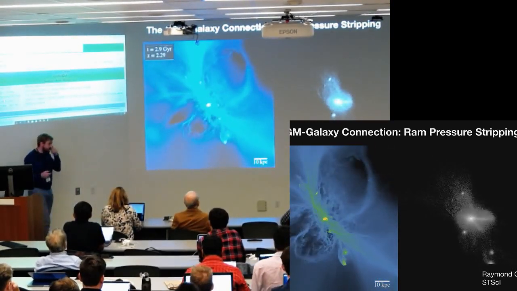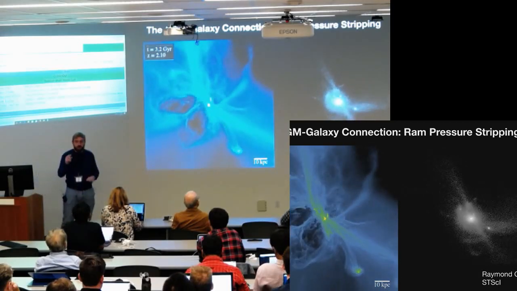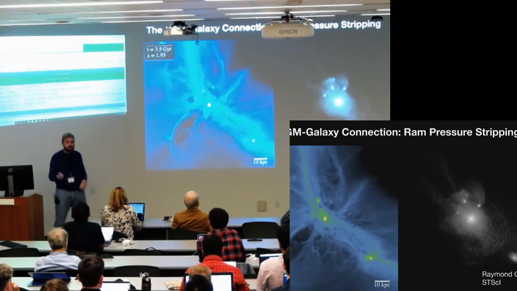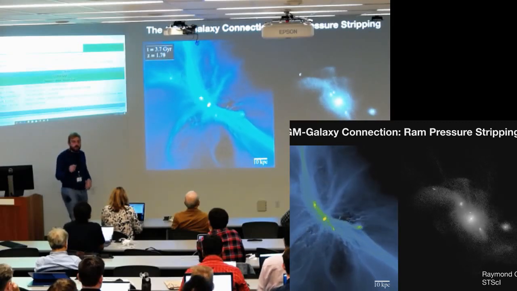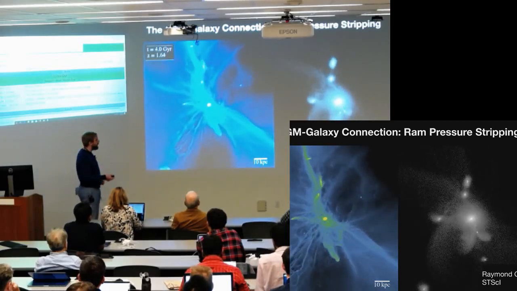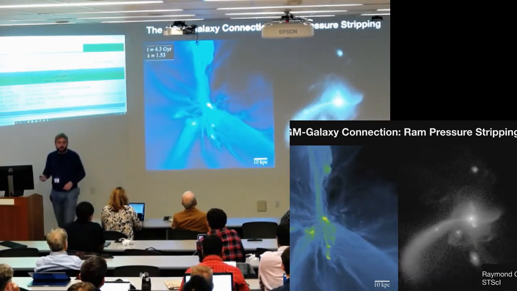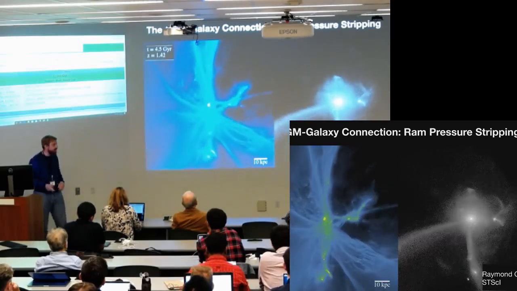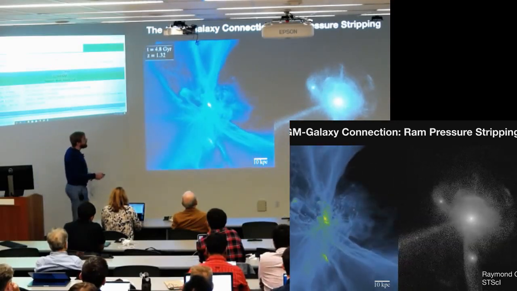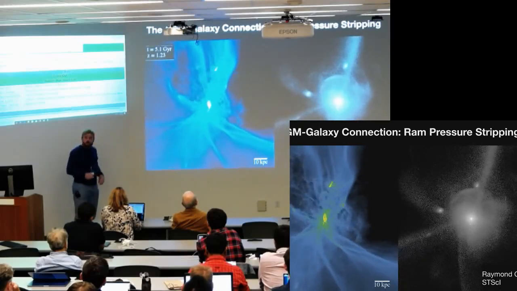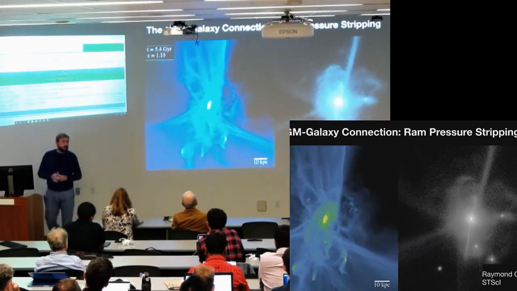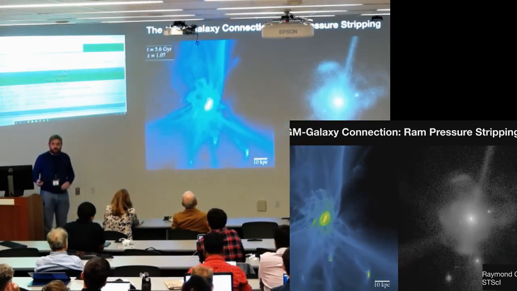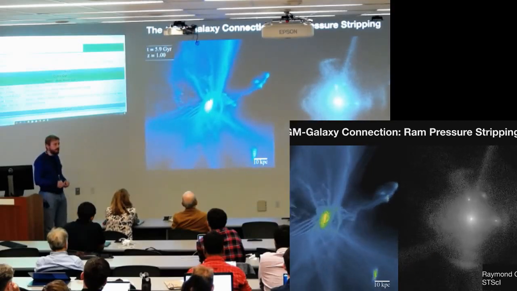So what I want to discuss today is a single piece of a much larger story on the role that the CGM plays in regulating the mass budget of galaxies in the early universe. Specifically, I'll share with you what we're learning about the nature of ram pressure stripping in Milky Way mass halos.